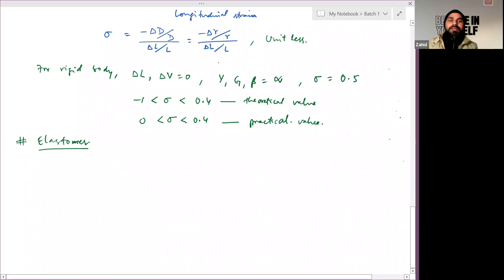The substance which has only an elastic limit. Suppose if you start compressing thermocol, it will get compressed up to a certain limit. And if you release it, it will regain its original shape exactly. But if you compress it a little bit more, it will get broken. It means the substance which has only an elastic limit, beyond which it will get broken, is called an elastomer.